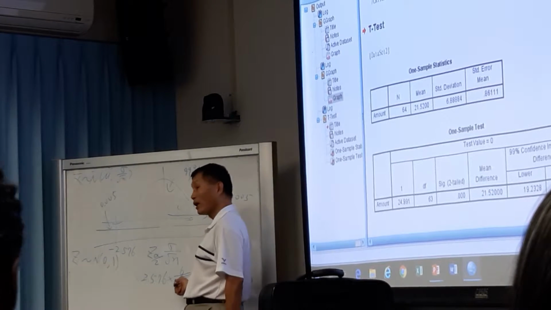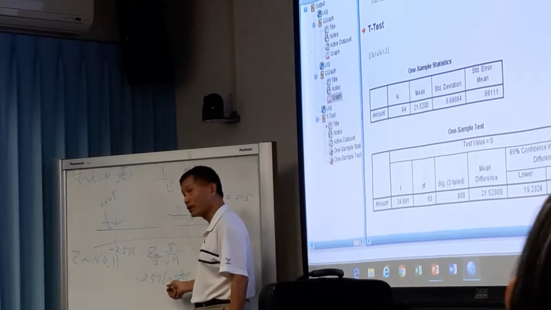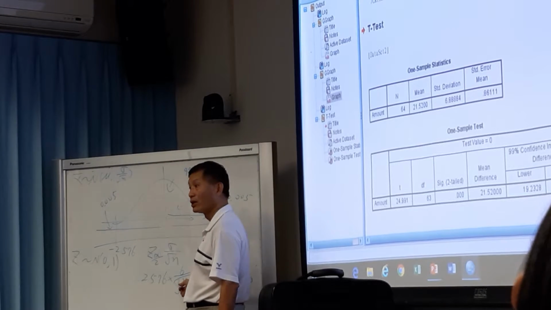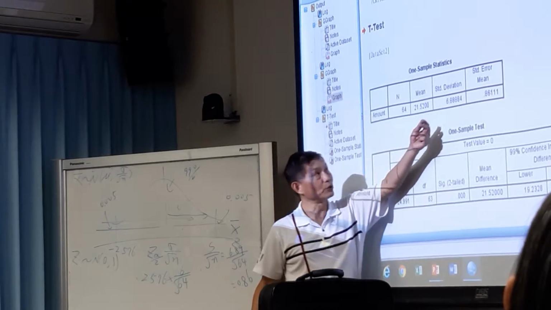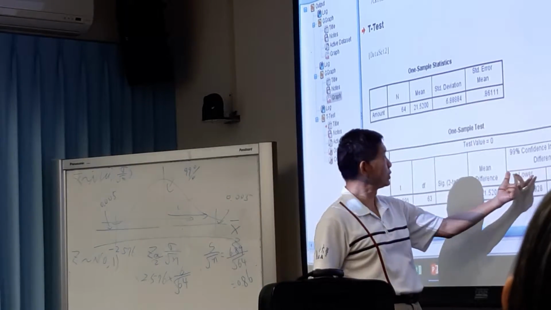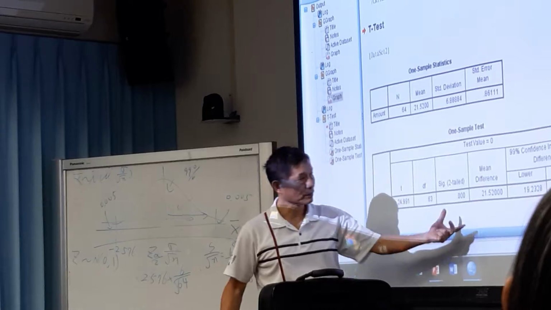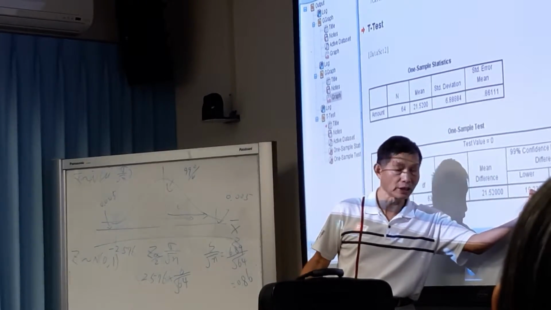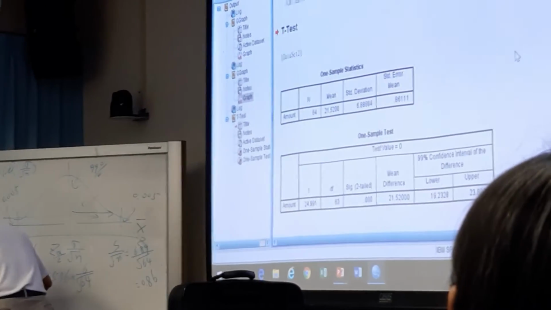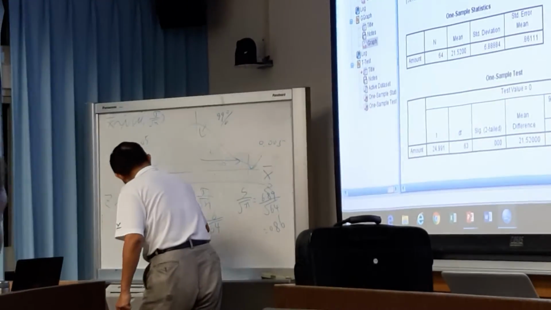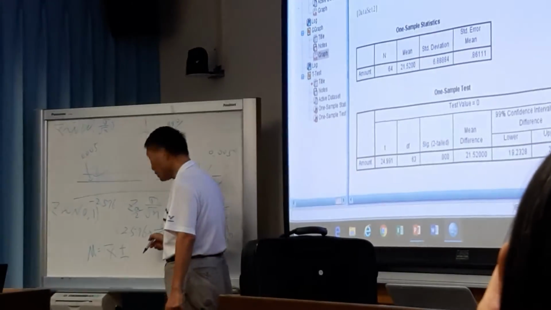If you do it by hand based on the formula, you will get a different answer. This is from the output, and this is for the t-test. So the confidence interval is not the same as if you apply mu equals sample average plus minus this number.